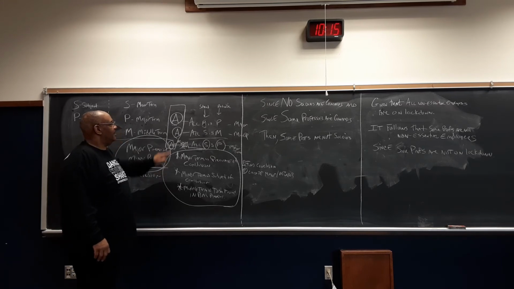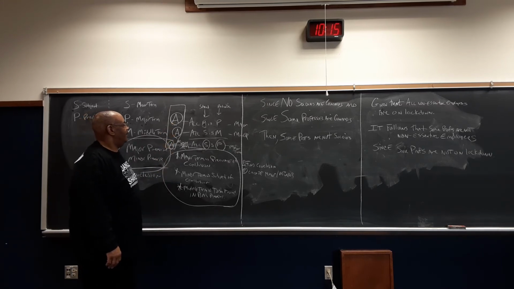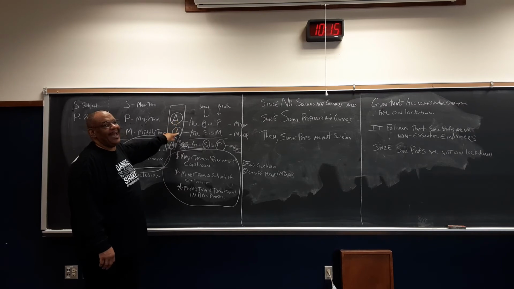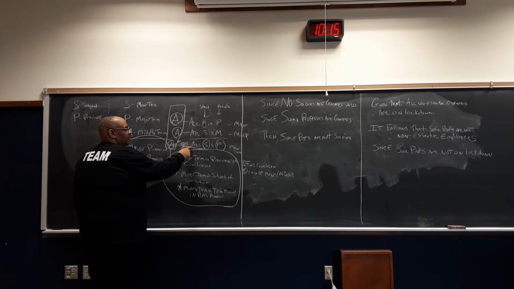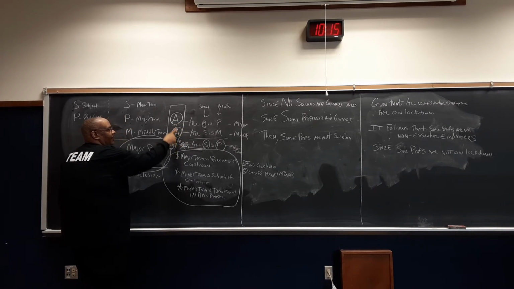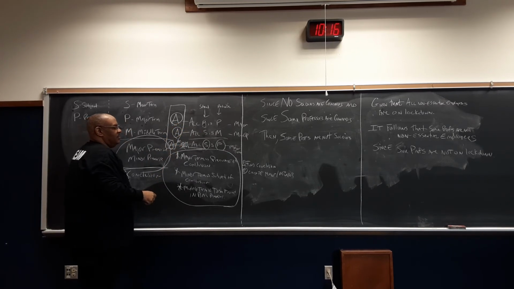So in this case, my mood would be A, because these are all A propositions. After I put it in proper order, all I'm going to do is identify the categorical proposition letter.